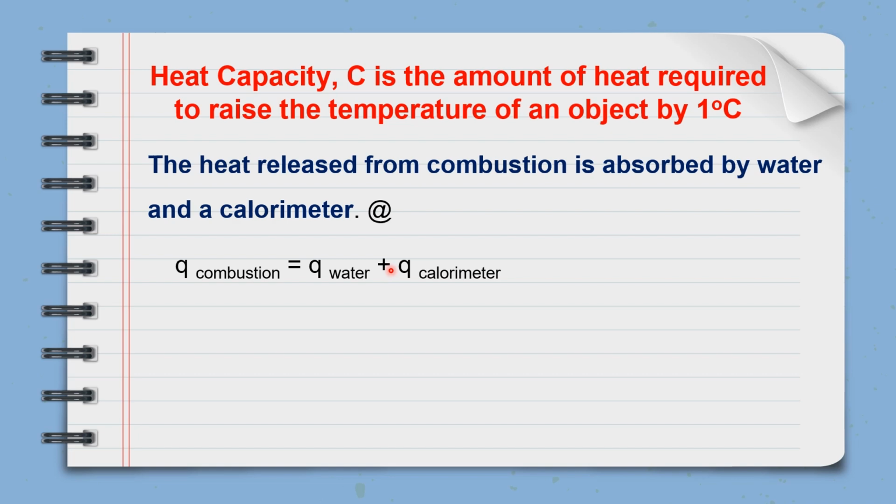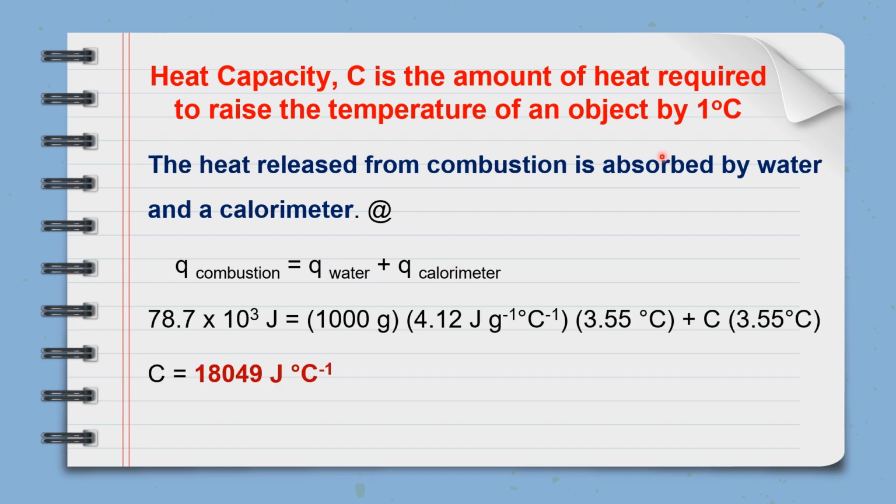So the water will absorb a certain amount of energy together with the bomb calorimeter. In this case, the heat of combustion is equal to the heat absorbed by the water and the calorimeter. Then we substitute the values, and we get heat capacity equal to 18049 joule per degree Celsius.